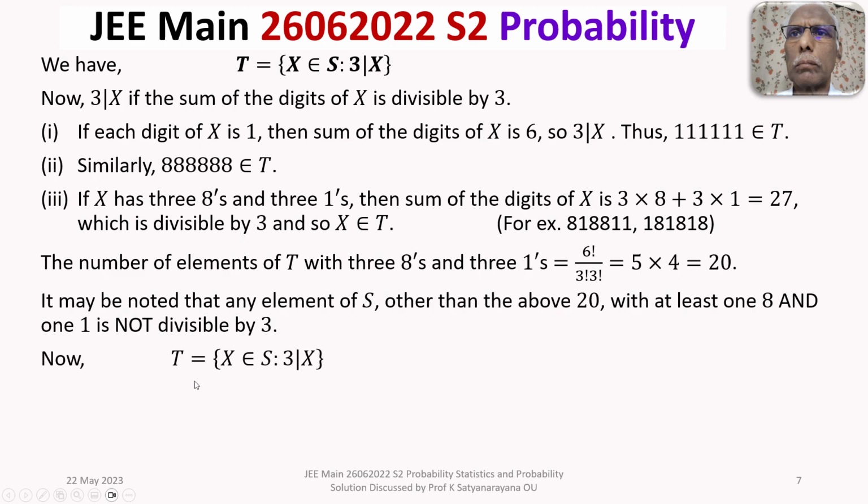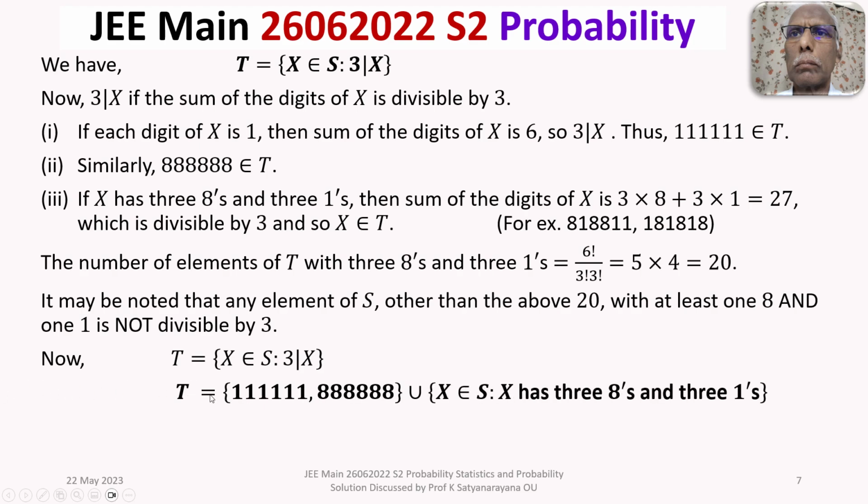So now the elements of T are all completely determined. And who are they? T consists of the 6-digit number with each digit 1, the 6-digit number with each digit 8, union the set of all x belonging to S, where x has 3 8s and 3 1s. What is the order of T?